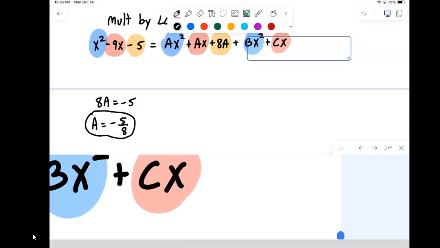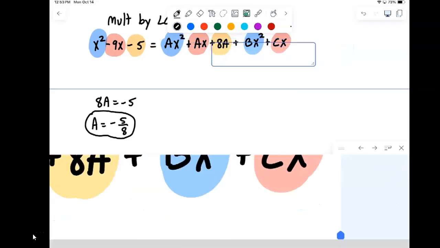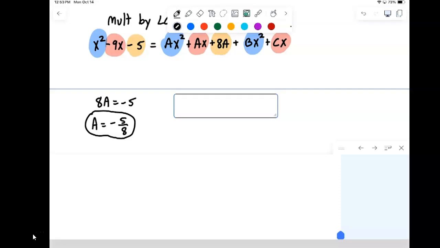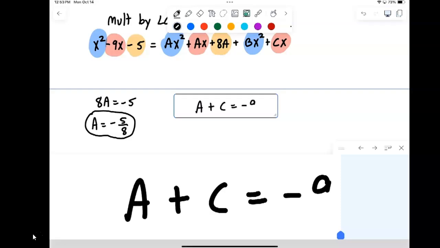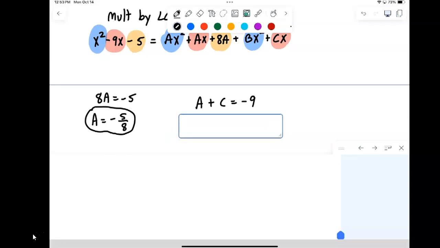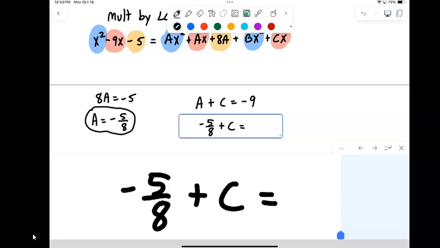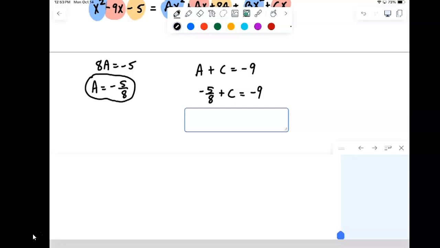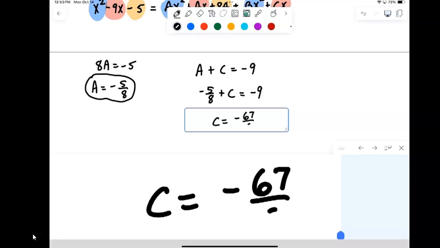So going to the red equation here, a plus c has to be negative 9. We know a is negative 5/8, so negative 5/8 plus c equals negative 9. If we get a common denominator, negative 9 would be negative 72 over 8. And we add 5/8 onto that, so we get c equals negative 67 over 8.